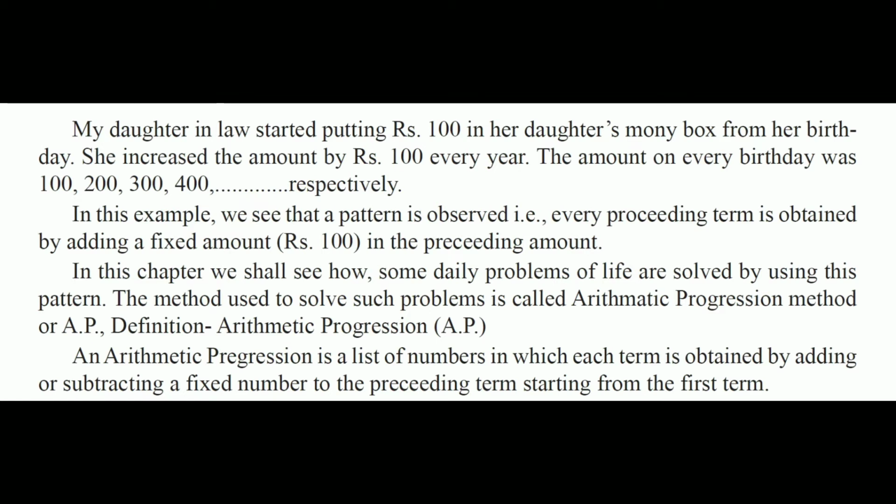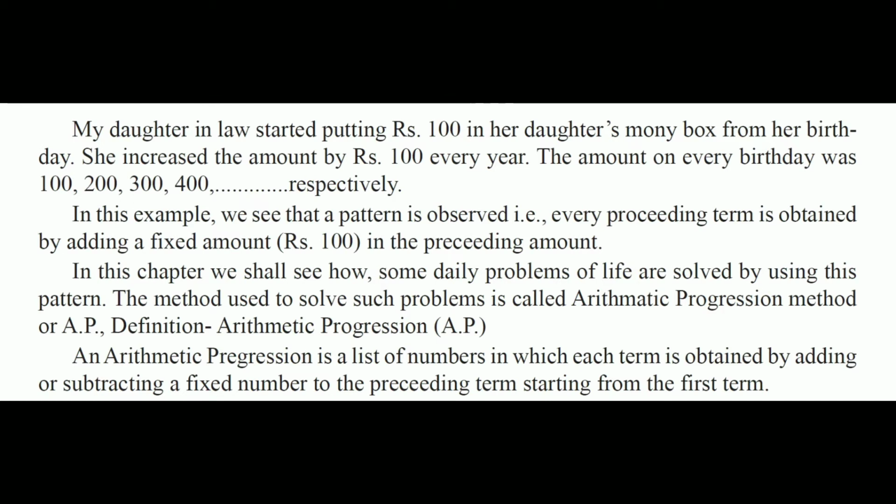Like 7 fives are 35, 7 sixes are 42. 35 and 42, they have the common difference 7. One thing to note over here is the pattern can be increasing or decreasing also. That we will discuss later on.